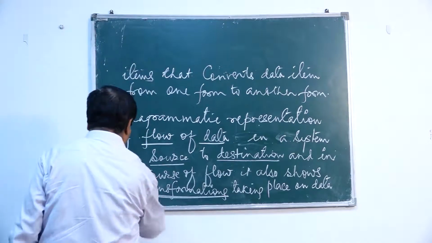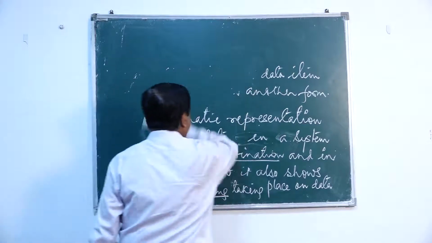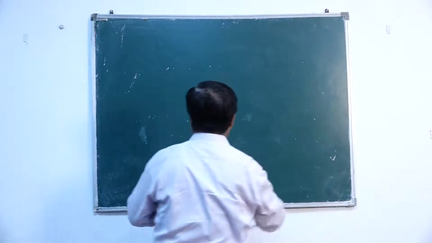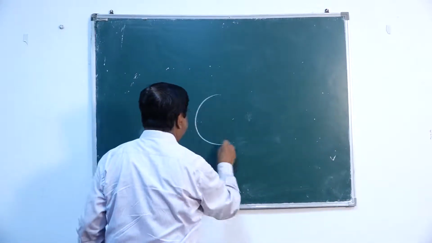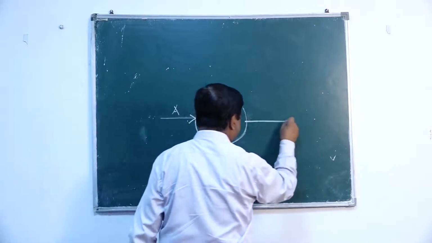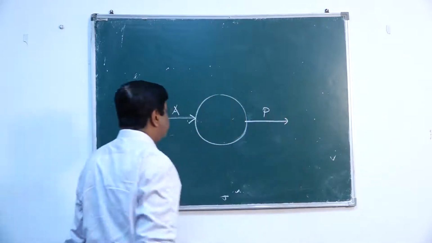In this diagram, say this is a system, A is the input and P is the output.